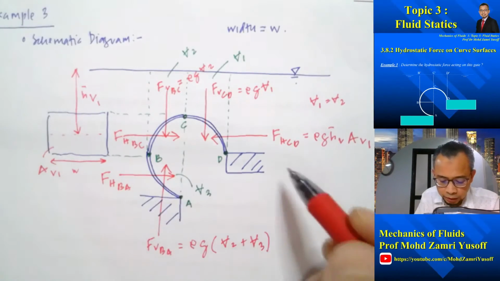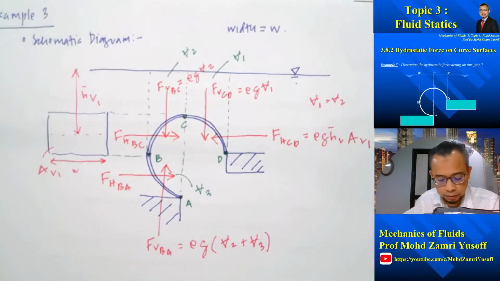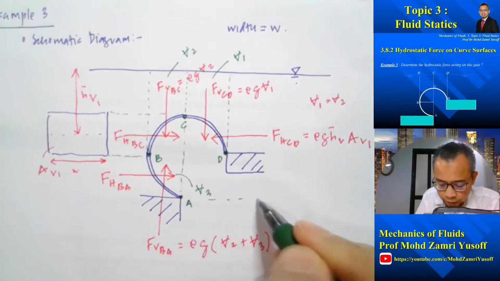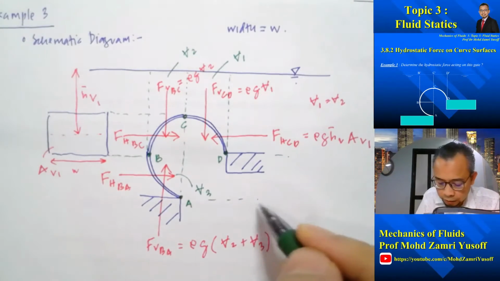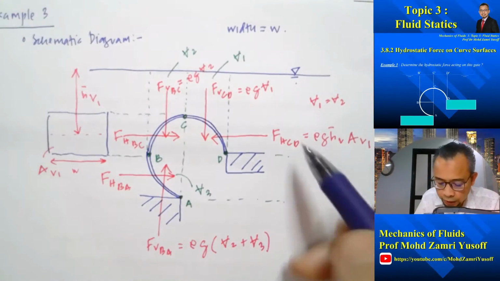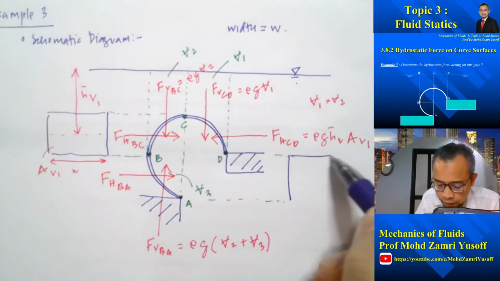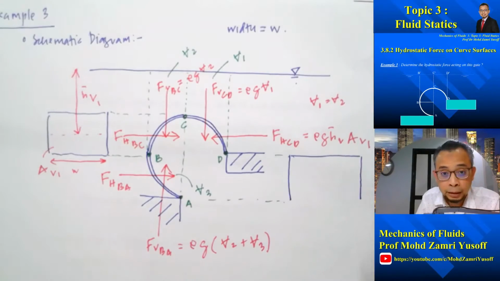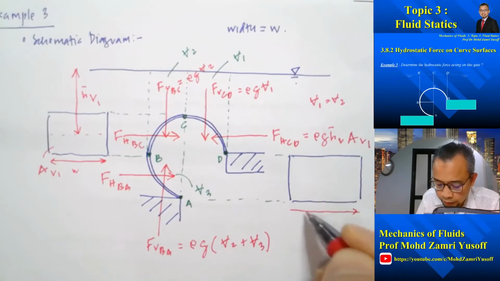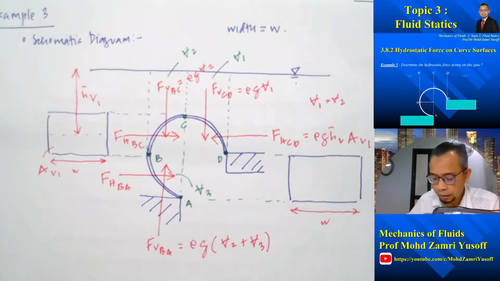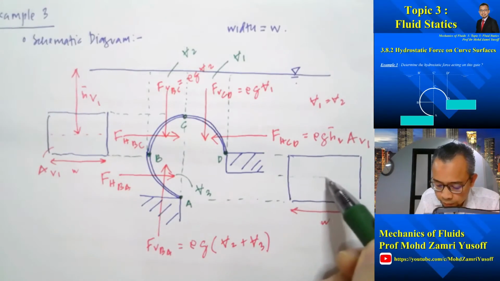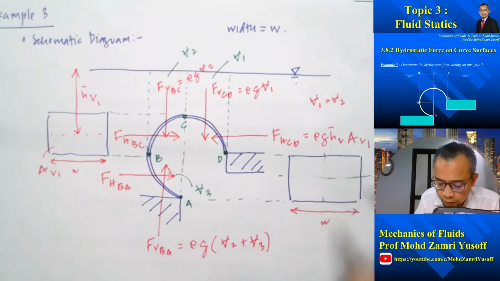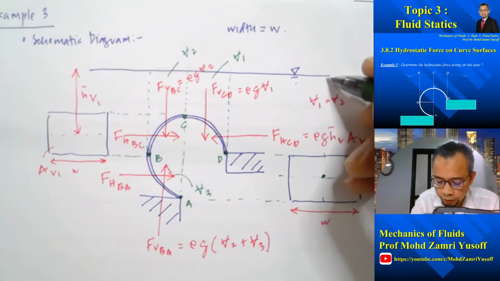But in order to calculate this, we need to project it here. So we will obtain this, whereby this distance is again equal to the width of the gate, but the h bar will be from here to here.